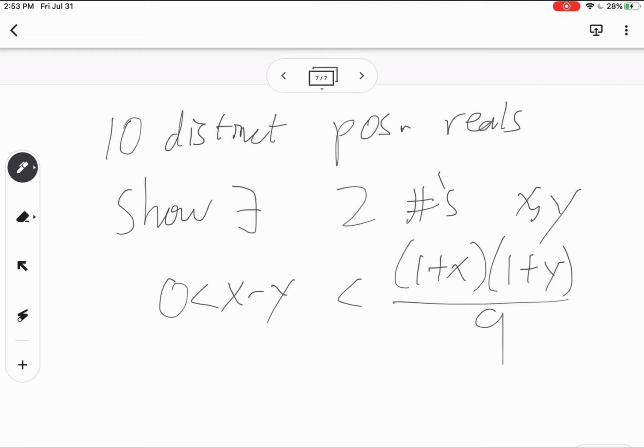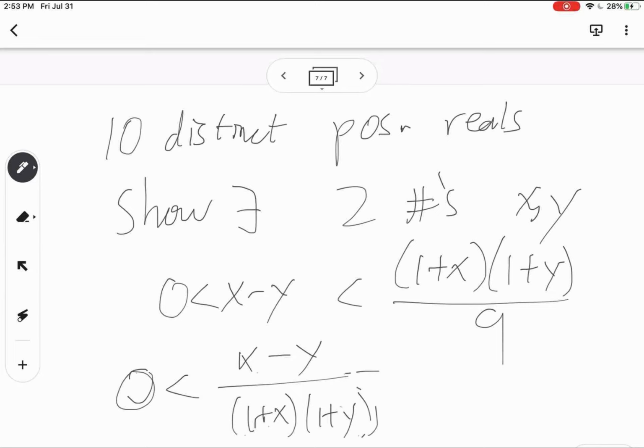So first of all, I don't like how there's x and y on two sides of the inequality. So why don't we divide by (1 plus x) times (1 plus y)? So we get 0 is less than (x minus y) over (1 plus x)(1 plus y), which is less than 1 over 9, right?